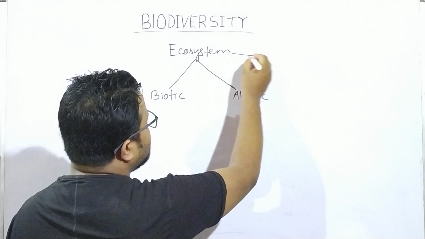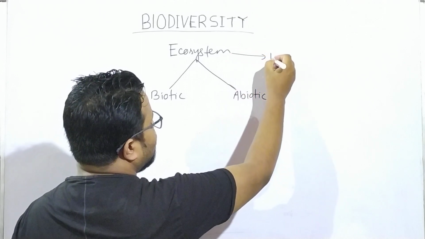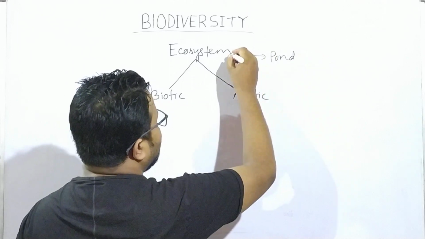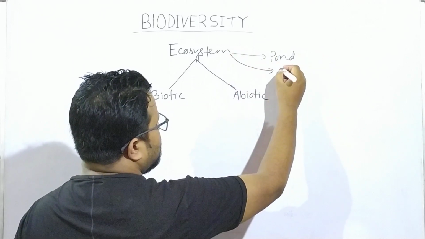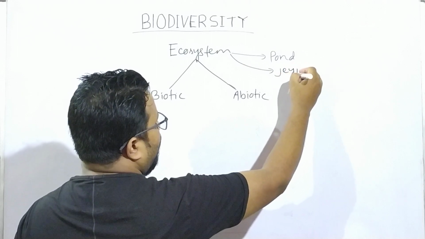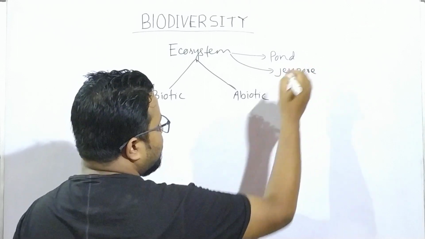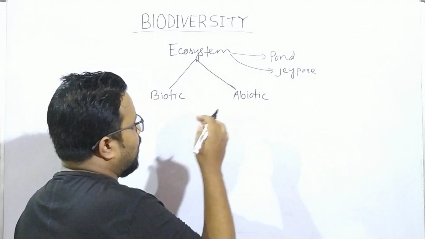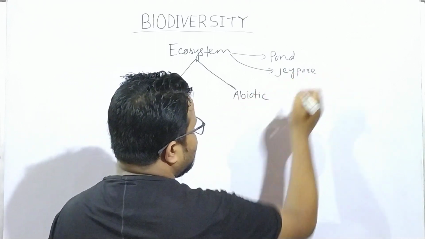And there are various types of ecosystem. We can consider a pond ecosystem. We can also consider Jaipur forest, that is in Dibrugarh. Jaipur forest is an evergreen forest that is found only in Assam, in Dibrugarh and Tinsukia district.